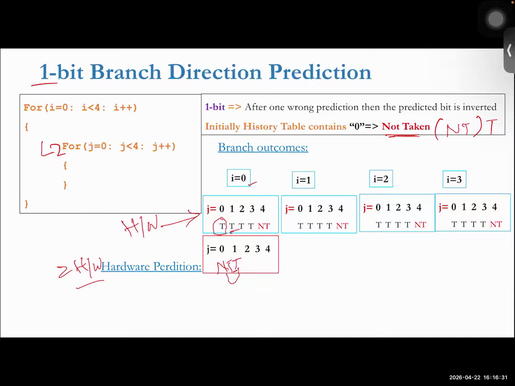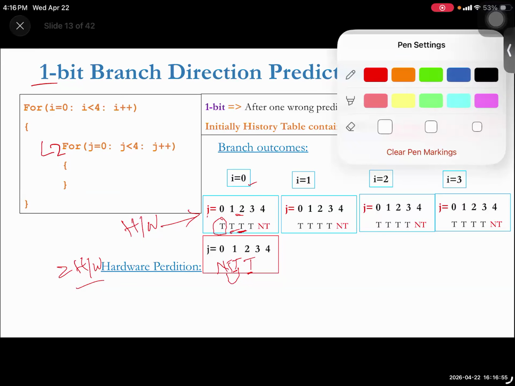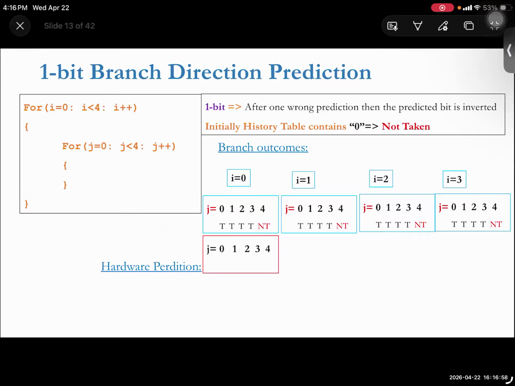Then it assumes that in the future also, at j equal to 2, the branch will be taken. During execution, at the third stage of the pipeline, when it is decided that it is taken, the prediction will be true. So the history table maintains that one bit, and after one wrong prediction, it inverts the bit.